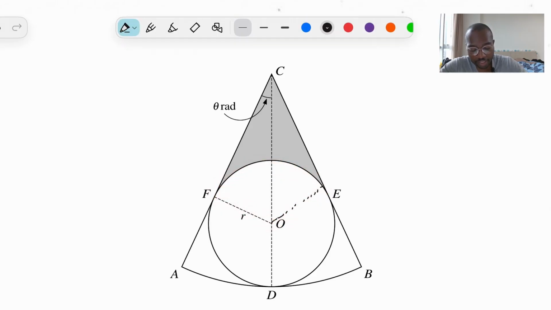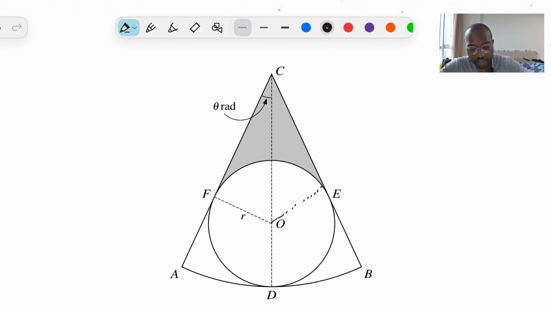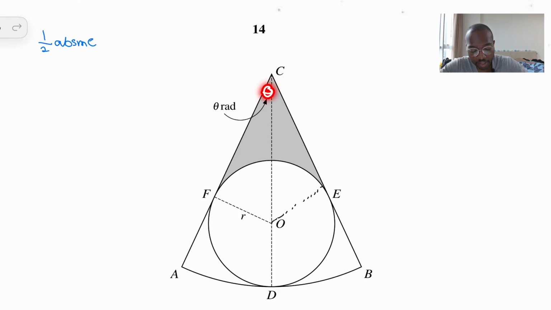So first things first, let's work out this triangle here. In order to work out the area, I want to use half ab sine C. In order to do that, we need to know the included angle. We know that this is theta here, but we need to work out this side and this side.